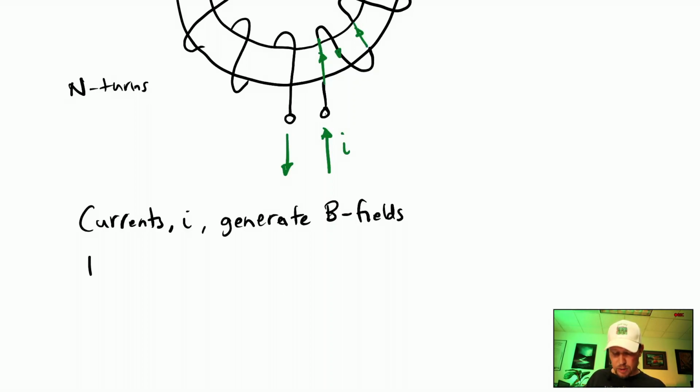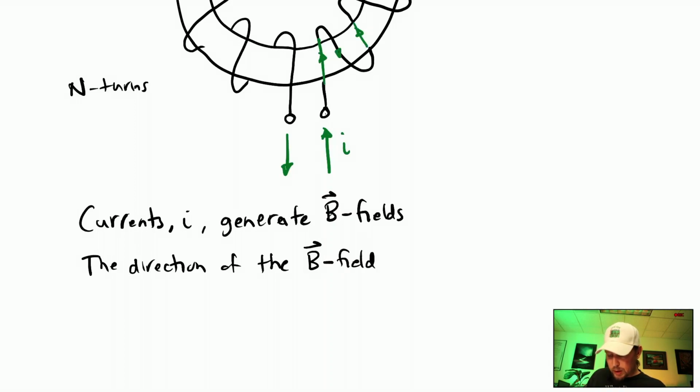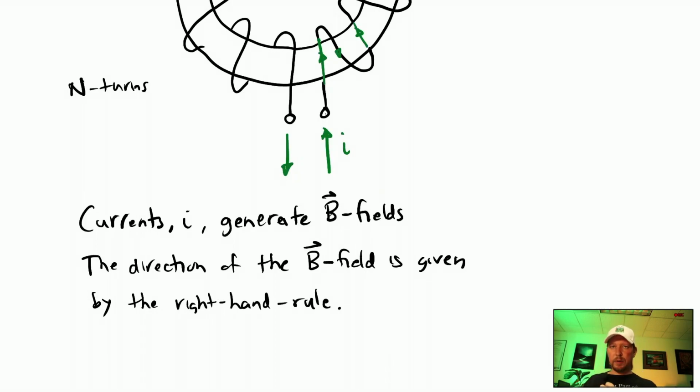And the direction of the magnetic field generated here is given by what they call the right hand rule. The right hand rule tells you that if you place your thumb in the direction of the current, you wrap your fingers around until you hit where the magnetic field is trying to be found.